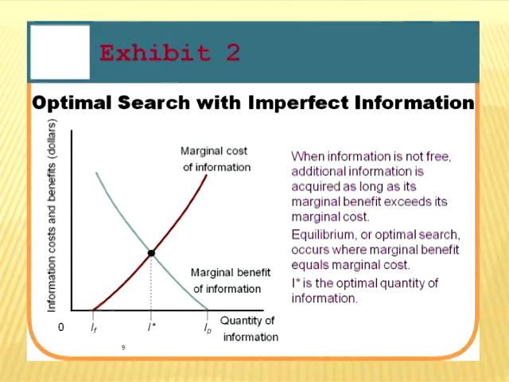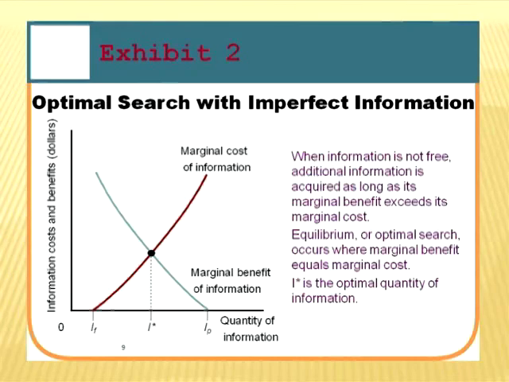Now this will differ depending on what the product is. So if you're considering what new laundry detergent you want, then the marginal benefit is lower, and so we would shift our marginal benefit curve downward toward the origin, and we'd be less willing to search out information.